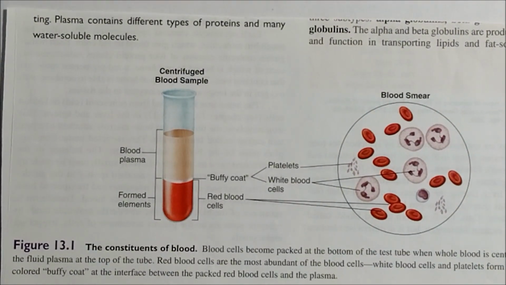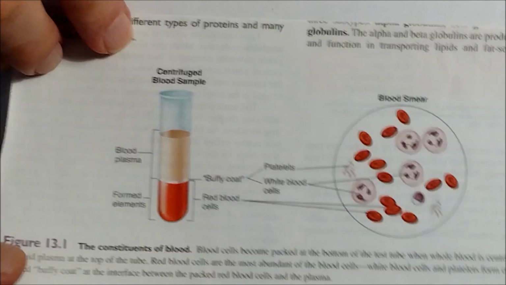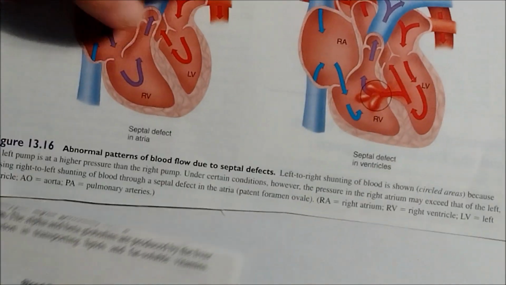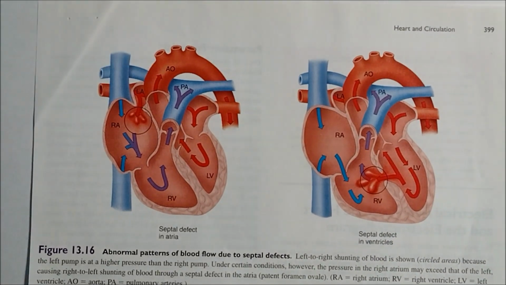So we're going to take a look at the blood. Now, blood does not just stand around, but it moves throughout the body. And the force that makes the blood move is the heart. So we're going to be spending some time seeing how the heart works.